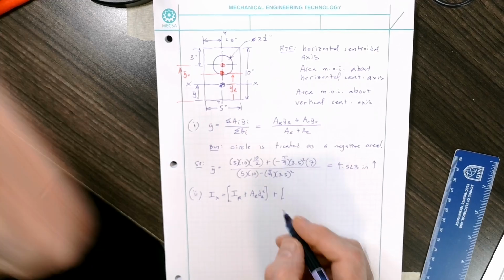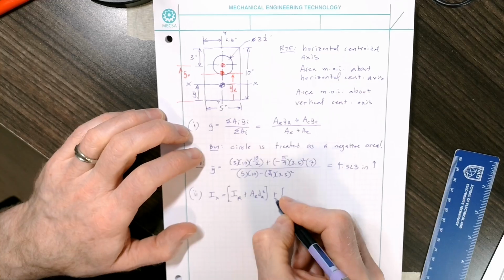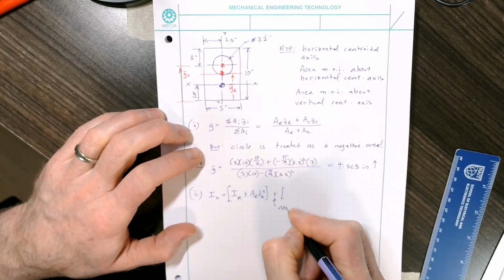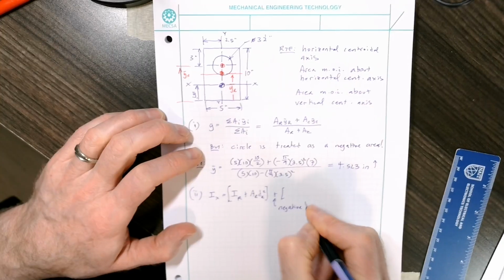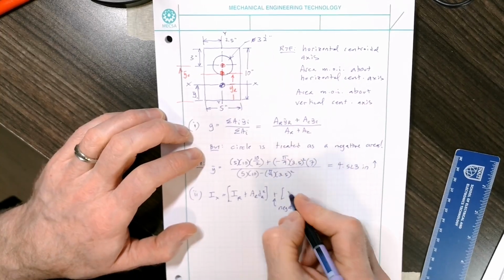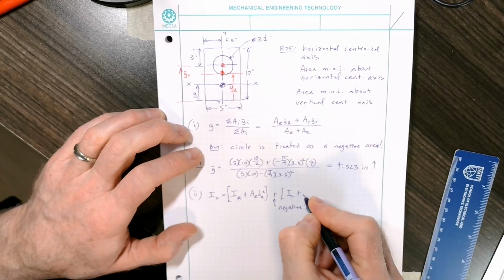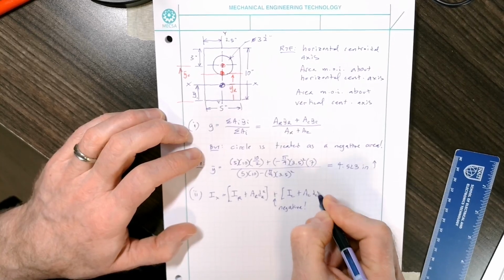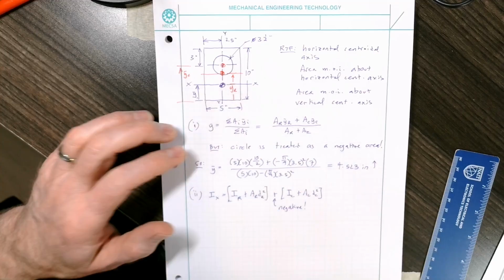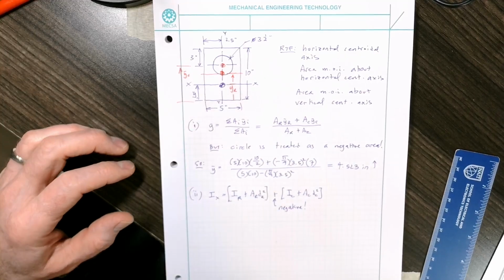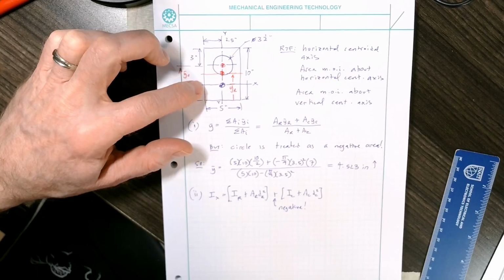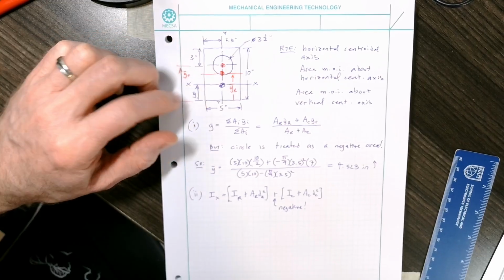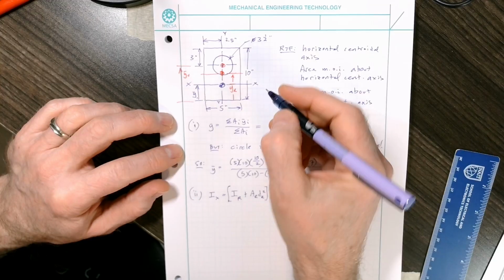We'll leave that the way it is, but this is negative. Okay, well, I circle plus area circle d circle squared, and by the same argument, the circle centroidal axis also does not coincide with the component centroidal axis. Therefore, we have that displacement here.